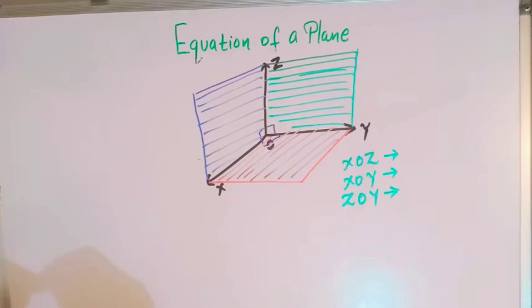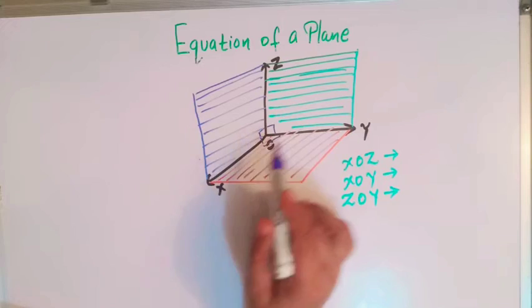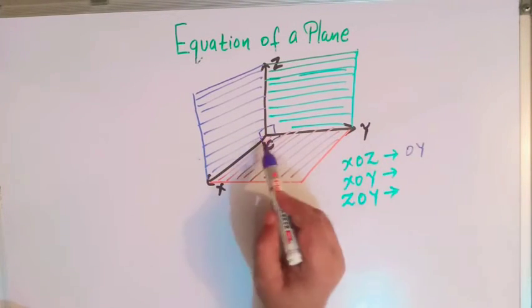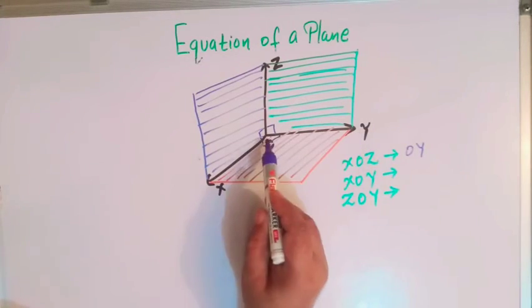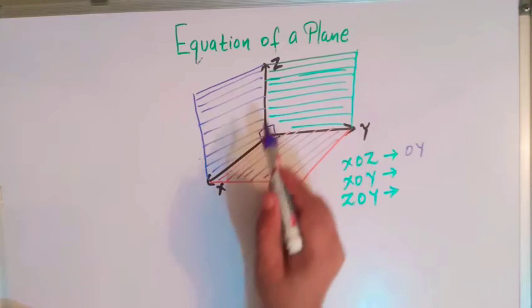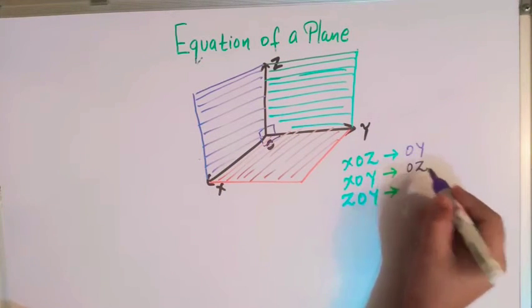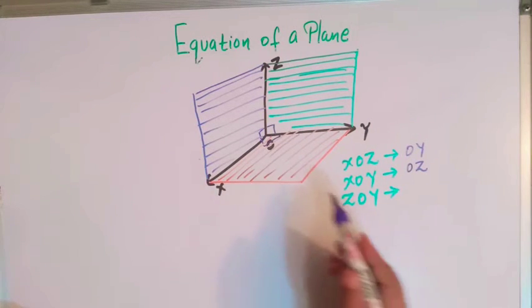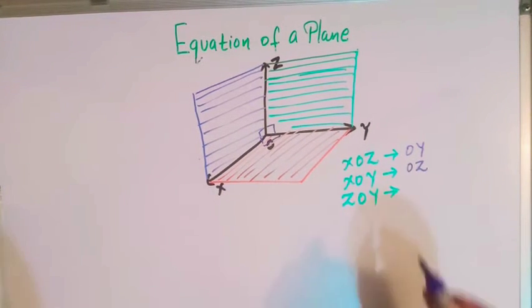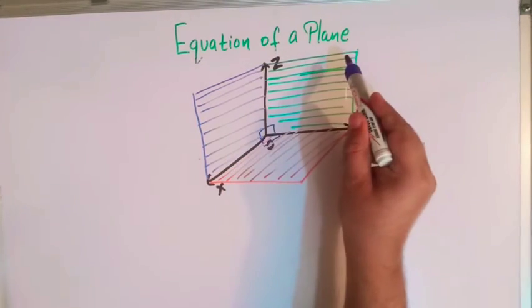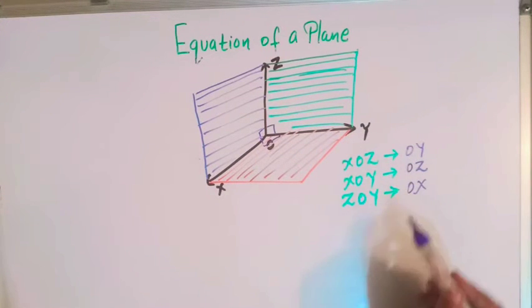Now here we see that OY is perpendicular to XOZ plane, and OZ is perpendicular to XOY plane, and OX is perpendicular to ZOY plane.